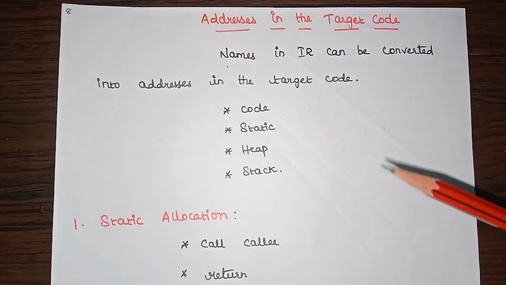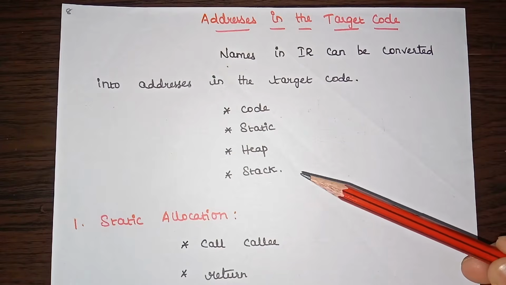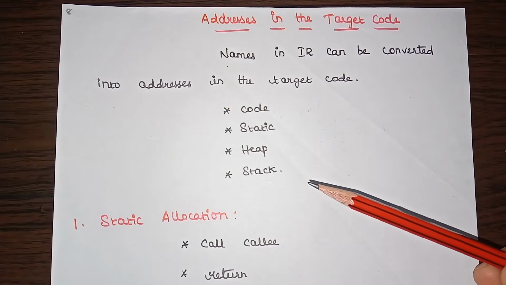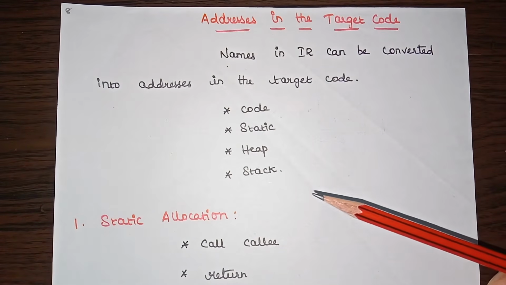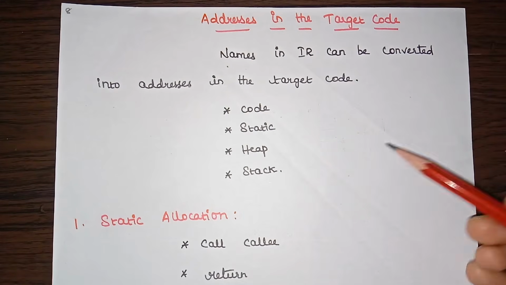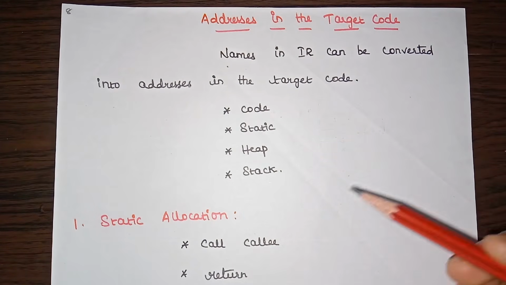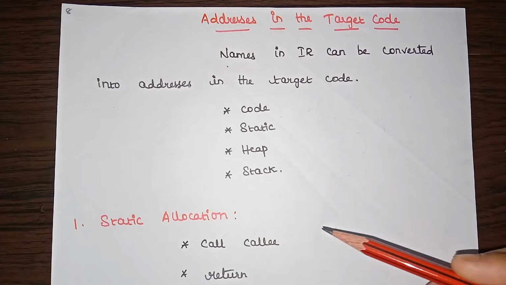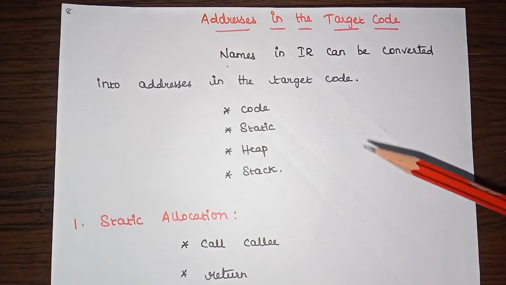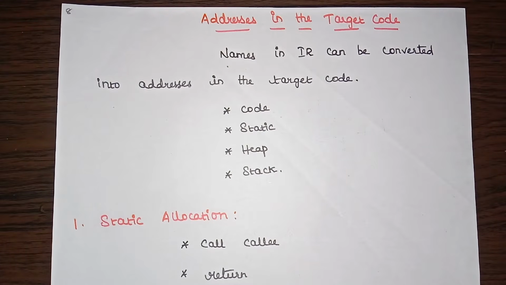The stack is for holding the activation records, and those activation records are created or generated during runtime only. We know that the activation record is used to hold the information about the procedure calls.